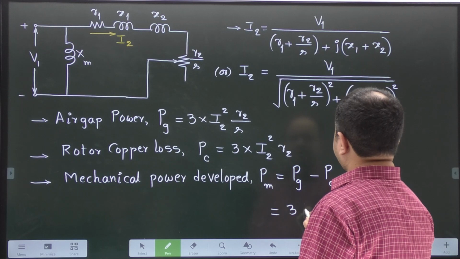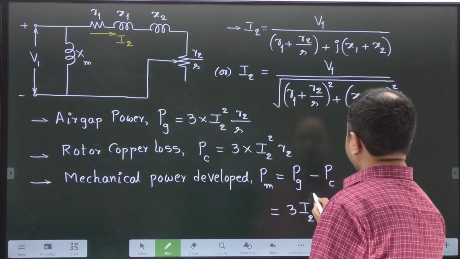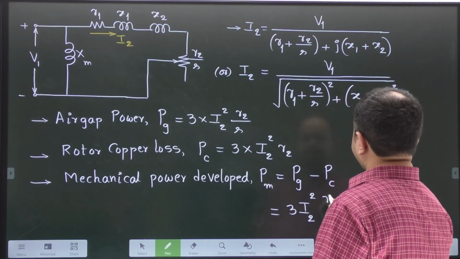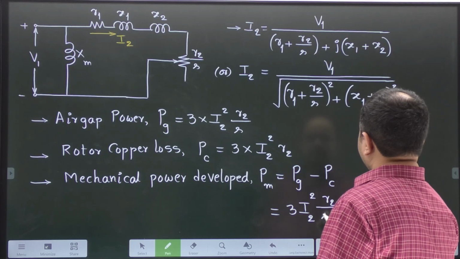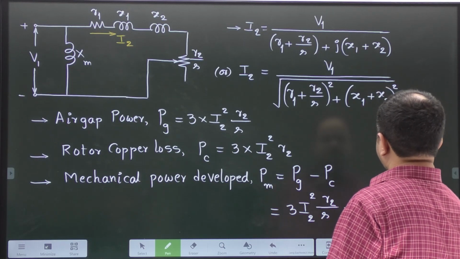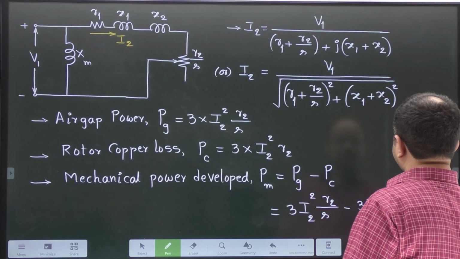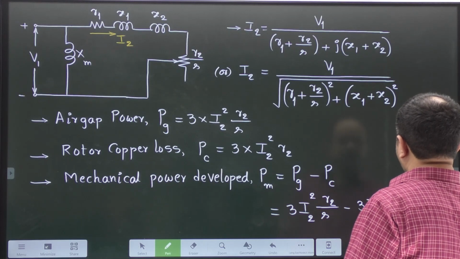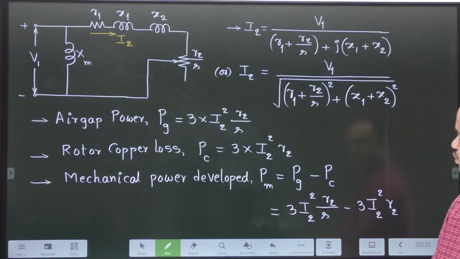So 3 into I2 square into R2 by S minus 3 into I2 square into R2.